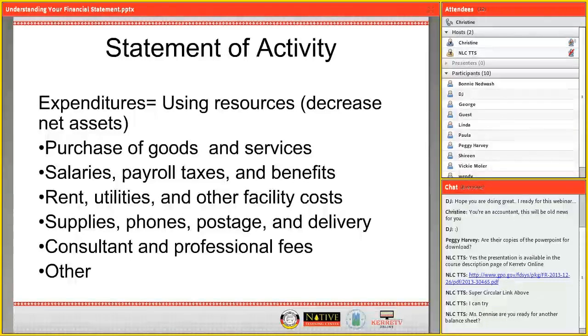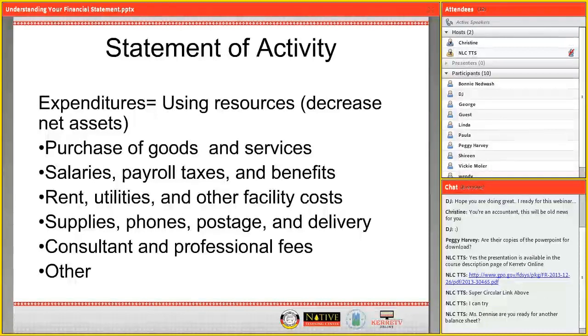Salaries, and if you use contract labor, that'll go through there. Rent, utilities, facility costs, anything that you have to pay to have a building and a functioning office, that'll go on there. Supplies, phones, postage, delivery charges, consultant professional fees, attorney fees will be on there.